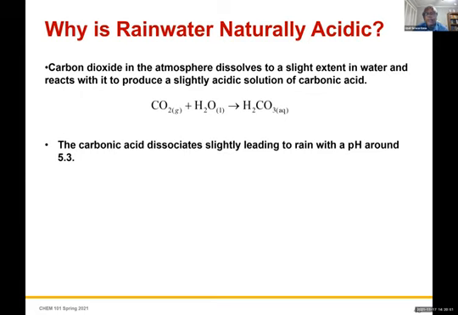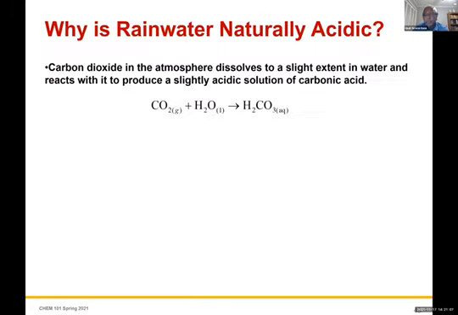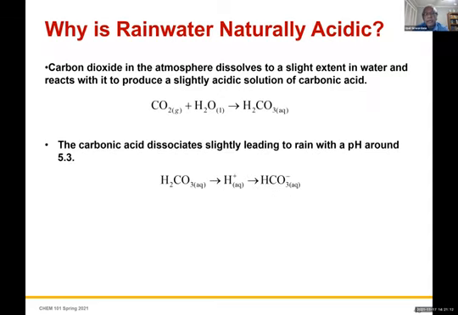So normal rainwater is about 5.3 pH, slightly acidic. Let me go back. Carbonic acid breaks up into hydrogen ion, which is turned into hydronium ion. That's where the acidity is coming from, that I missed earlier.